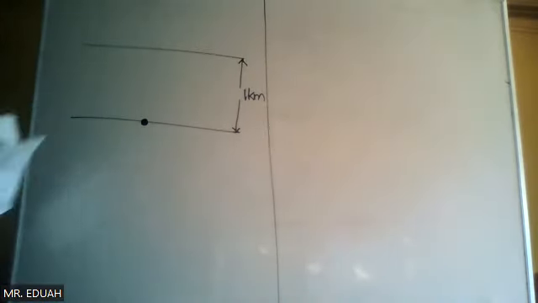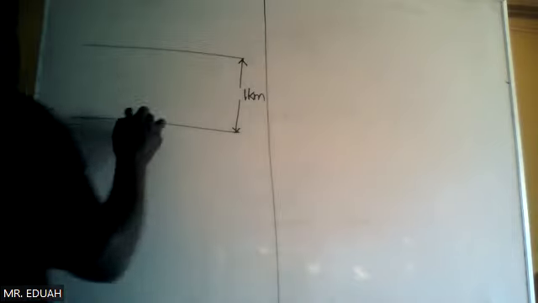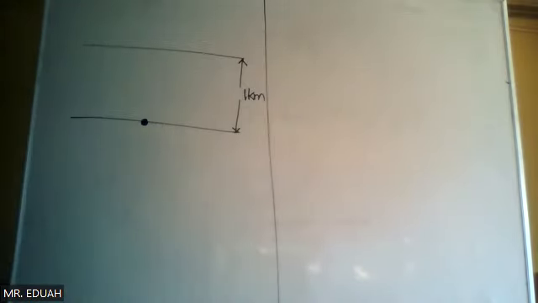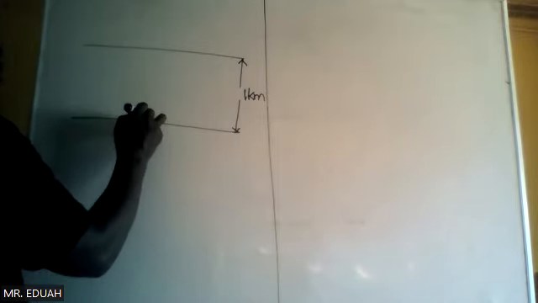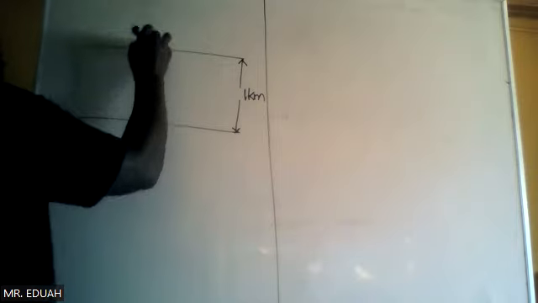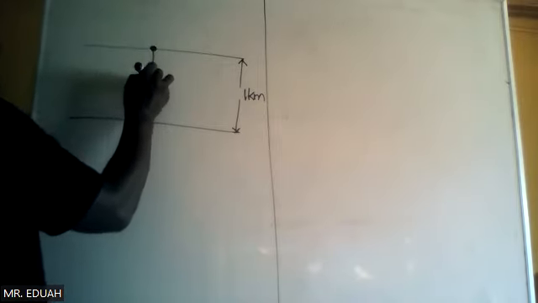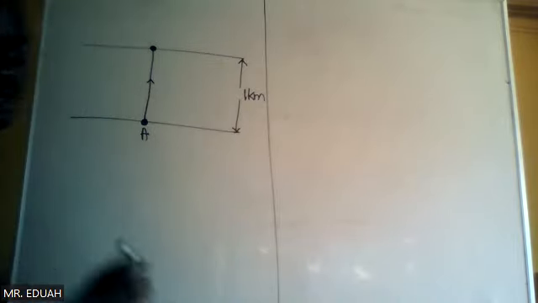When we look at the shortest possible distance, it must be this. He's going to the opposite side of the bank. So if he's starting from a point A, it must be to this point. This is the opposite, and this is the shortest possible distance.